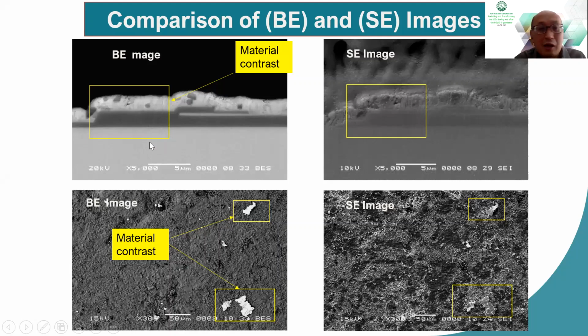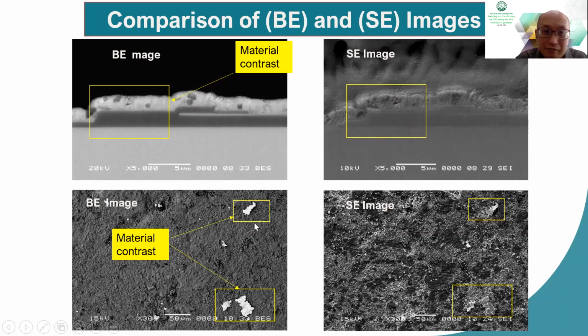Materials with a higher atomic number have a higher reflectivity because of the scattering, and materials with low atomic numbers have less scattering, so they appear darker. Whereas for the secondary image, you can see only the surface features of the material, but not any material contrast.